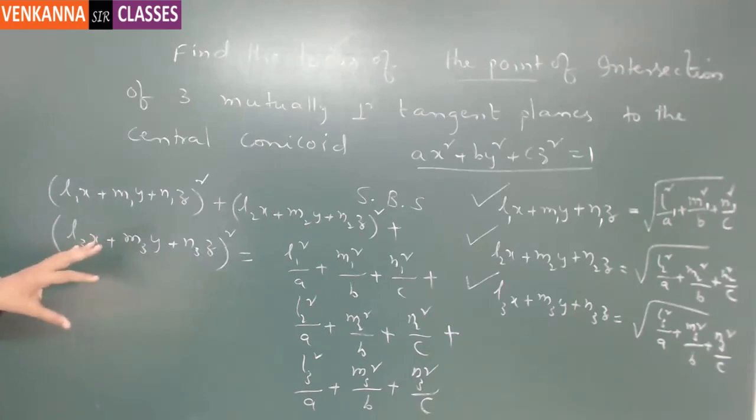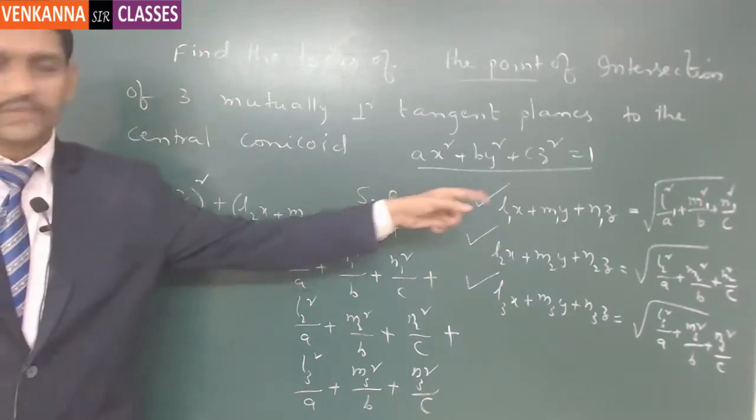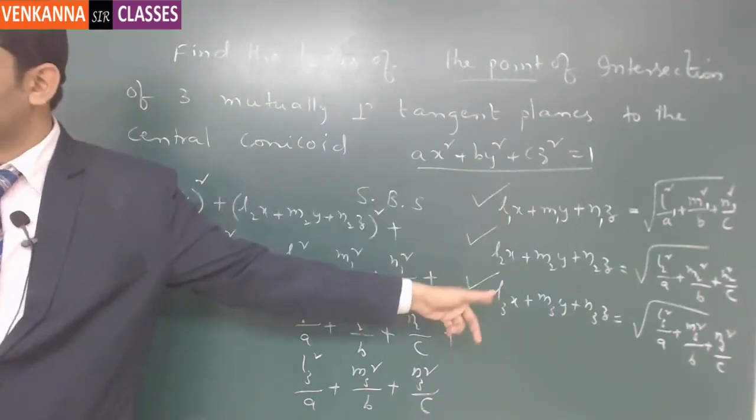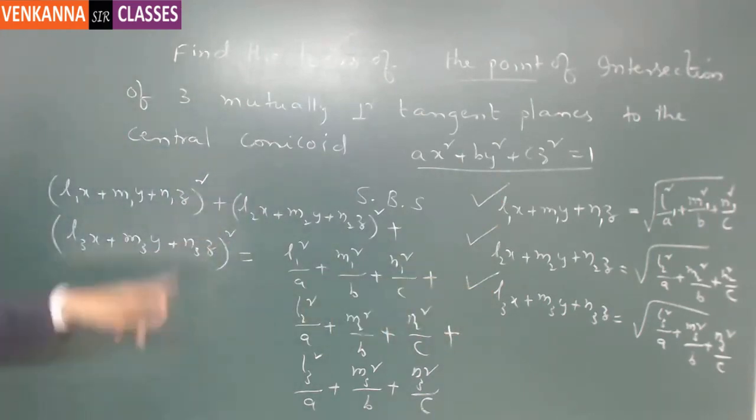So this is the equation we got. We square both sides for the three equations and add the results. Clear?